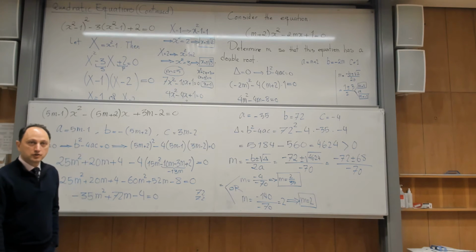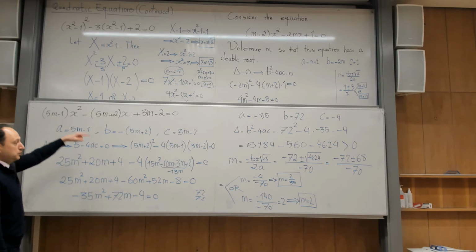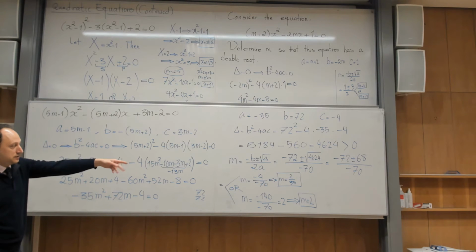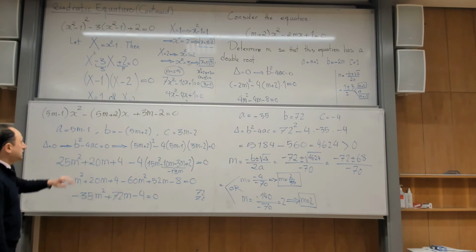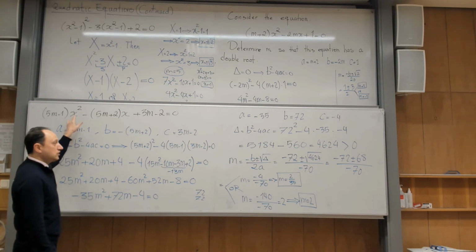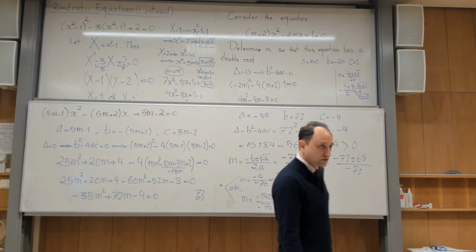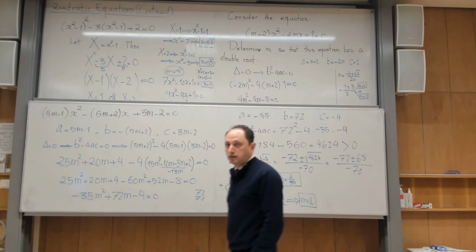Yes? So there are 2 answers for m. If I replace m with 2 or with that 2 over 35, I generate a quadratic equation in x. If I solve that generated quadratic equation, that one will give me only one single solution. So is that clear now?